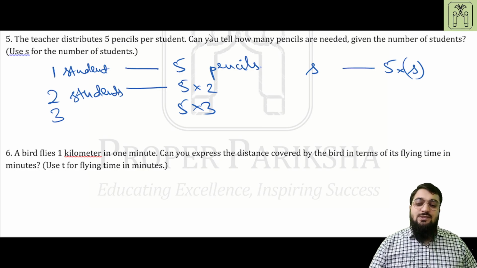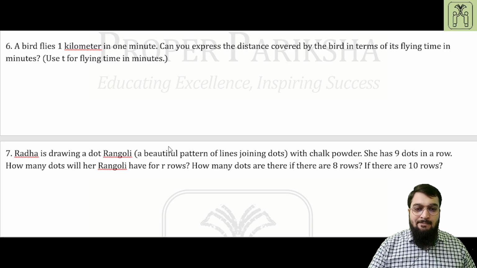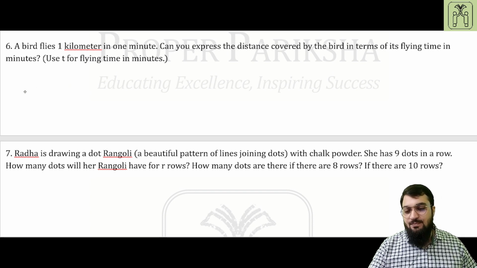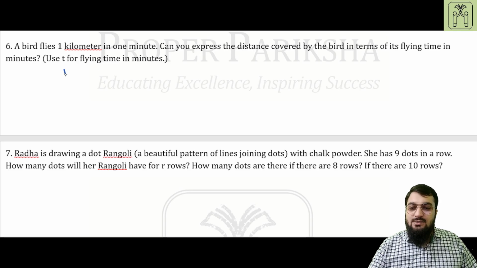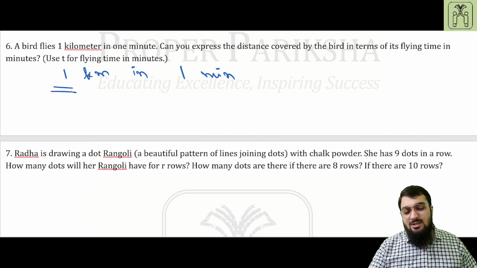Question number 6. A bird flies 1 kilometer in 1 minute. Can you express its flying time in minutes? Use T for flying time in minutes. Okay, so a bird flies 1 kilometer in 1 minute. Can you express the distance covered by the bird, that is 1 kilometer, in terms of its flying time?